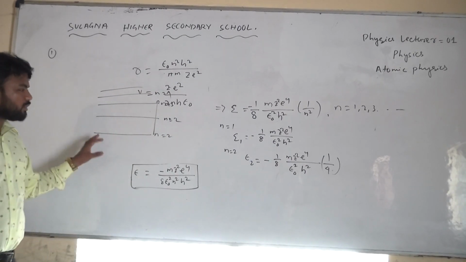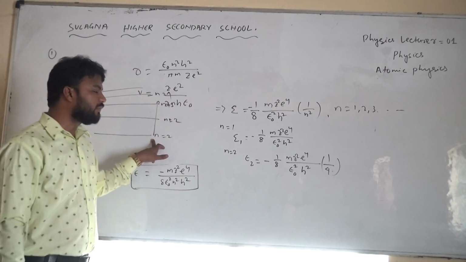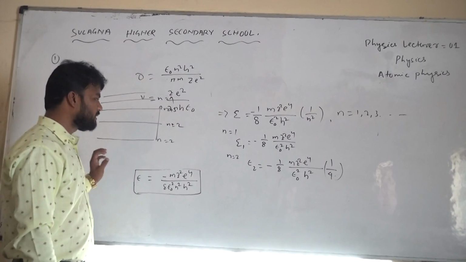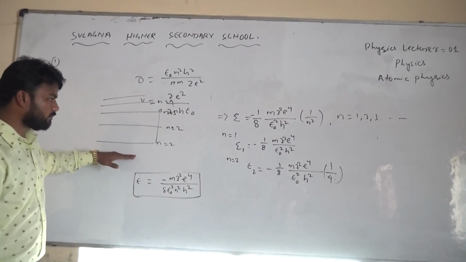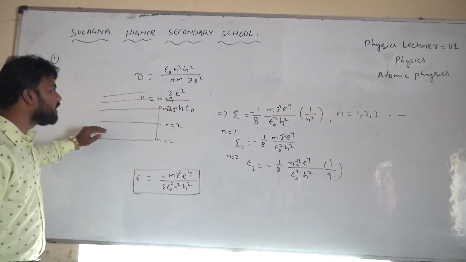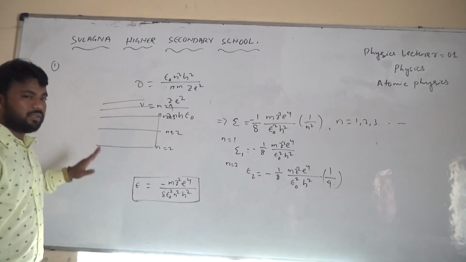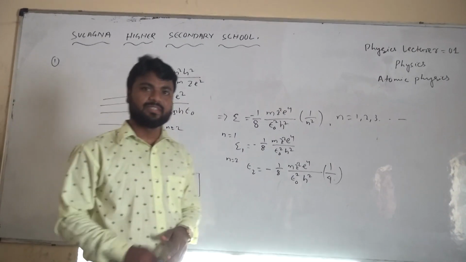So the ground state is the most stable state, and the energy of the electron or the orbit of the electron slightly increases towards higher orbits.